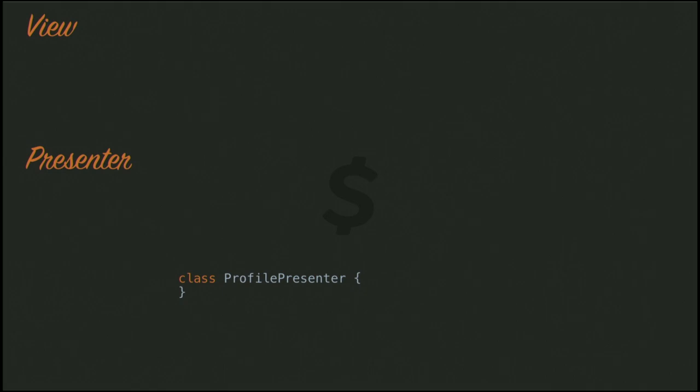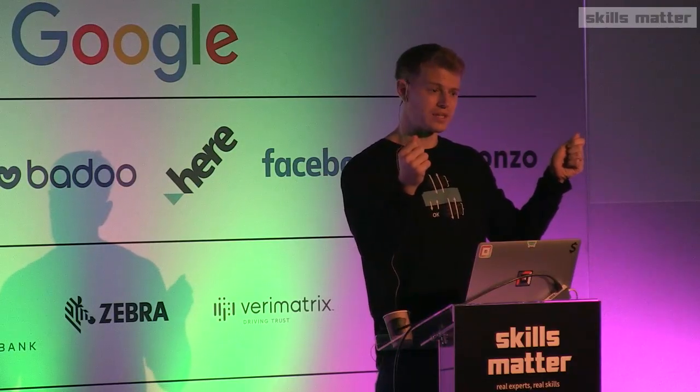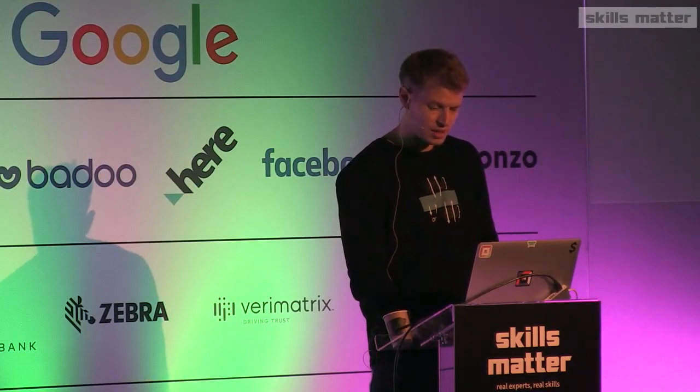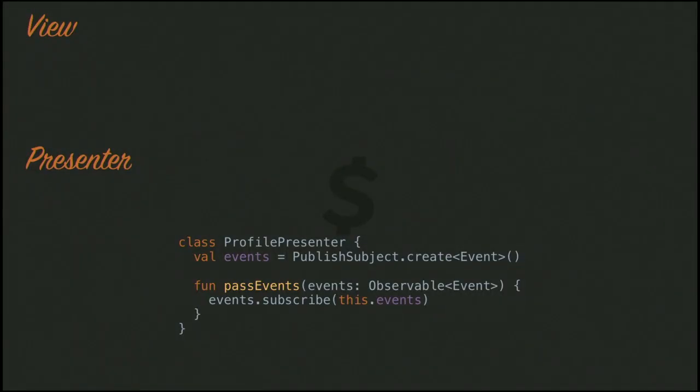So the whole stream just dies. All the logic, all the cache, or whatever you had in your presenter just goes away, even if the presenter instance stays on, because the source of the stream died, nothing is kept. So the presenter would have to have a subject or relay to hold the actual source of the stream, and then the view would just say, by the way, take my events and put them into your events. So this would be a pass event method.